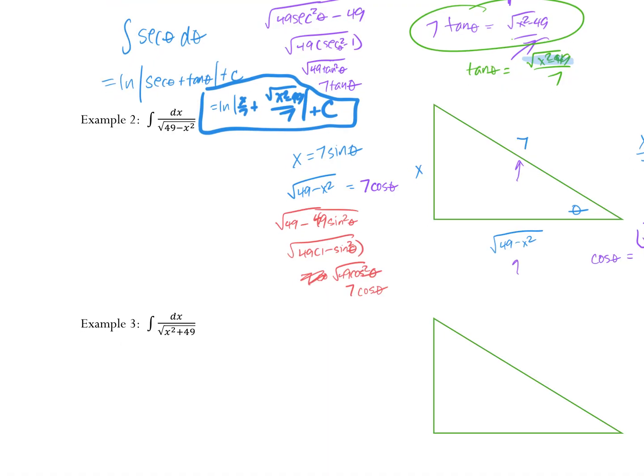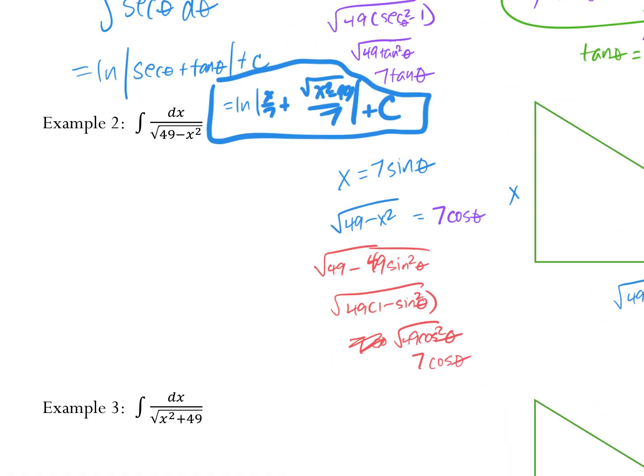All right, so I'm over here, and at this point I can take that denominator, the square root of 49 minus x squared, and turn it into 7 cosine theta. We just said that. What else do I need to do that I haven't done yet?